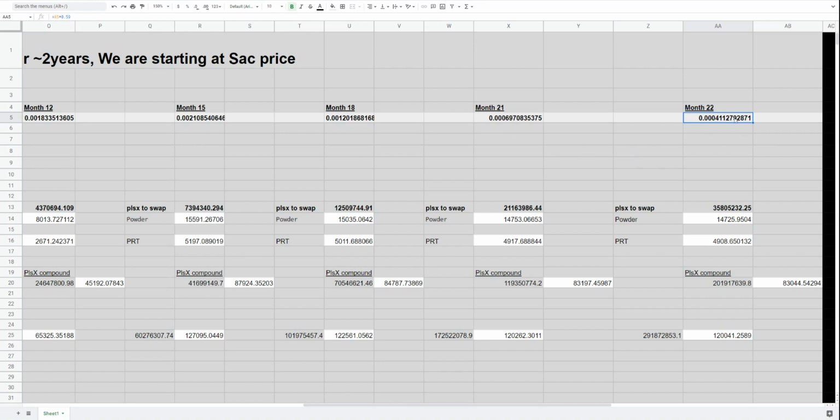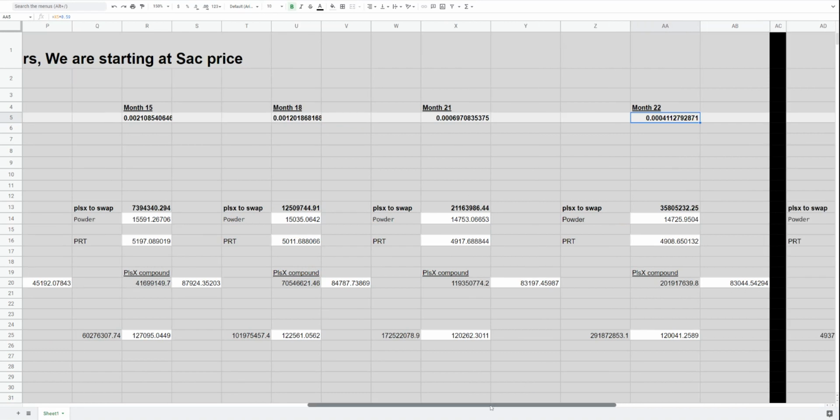We're almost 2 years in and we're at a 4x. But hey, guess what? We're still making $14.7 thousand of stablecoin every 3 months. We're still making $5,000 of third party coin every 3 months, and we're still putting away compounding $83,000 after 3 months. You can't beat it.